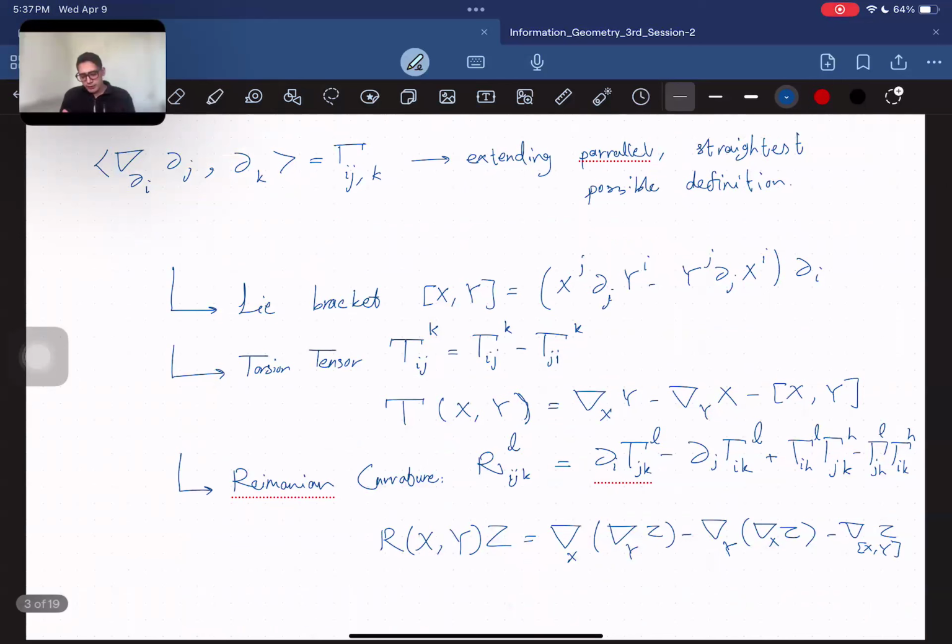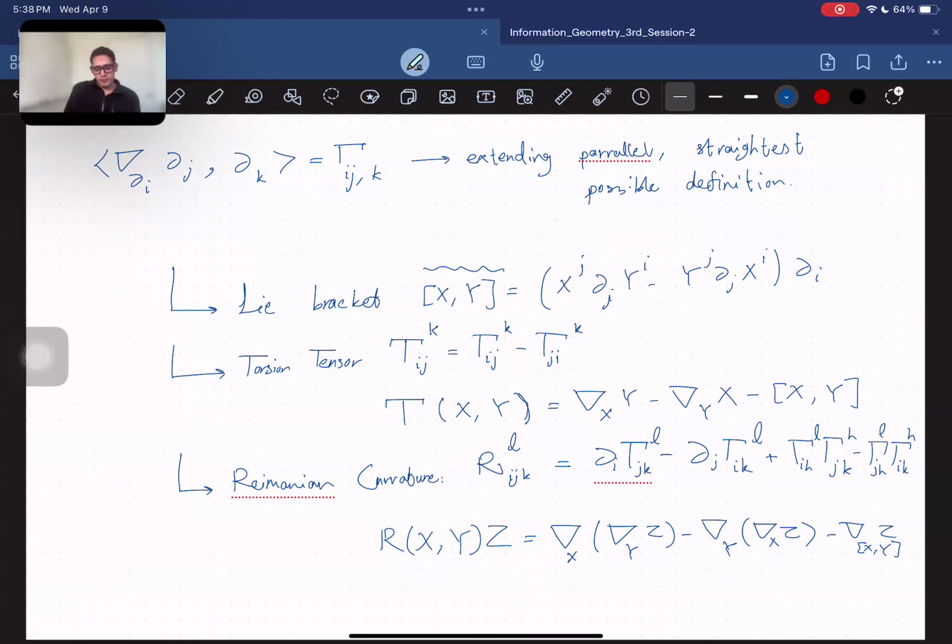We already defined some other quantities, having the Riemannian metric G and the affine connection. We could define the Lie bracket between two vectors, where the intuition behind it is to look at the local geometry of your space. So if I go first in direction x, then y, or if I go in direction y, then x, what's the difference?